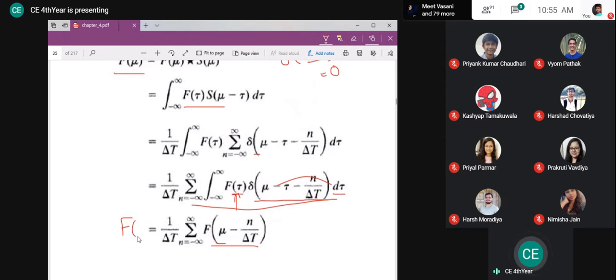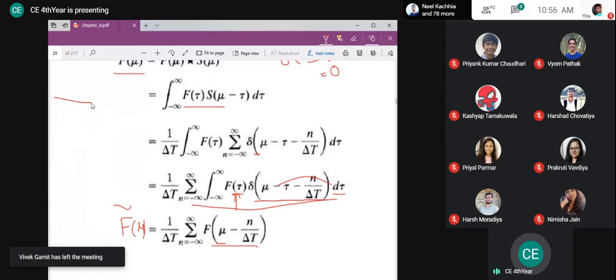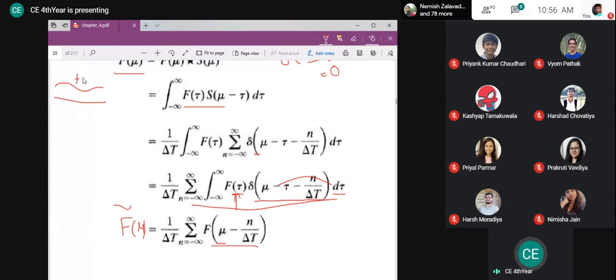This was mathematics, right? Now we have to understand the meaning of it. But any doubt in the mathematical formulation? Okay, so fine. This is a very important result. Now recall what we have studied till now. I had my function f of t, which was a continuous one.